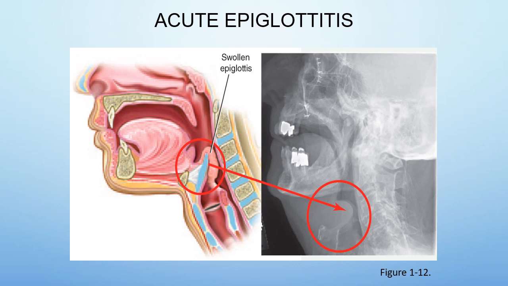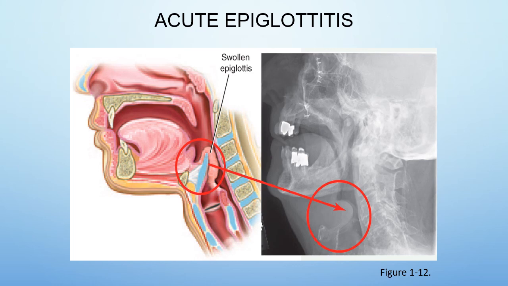We call this on X-ray, this is a lateral neck X-ray pictured in figure 112. And so you can see this in your book and read about it. But on that lateral neck X-ray, you can see what we call the thumb sign. That's a telltale sign that this person has acute epiglottitis and not croup.